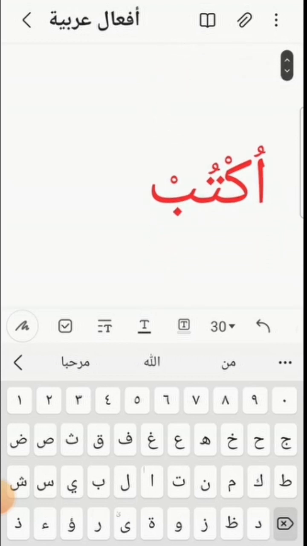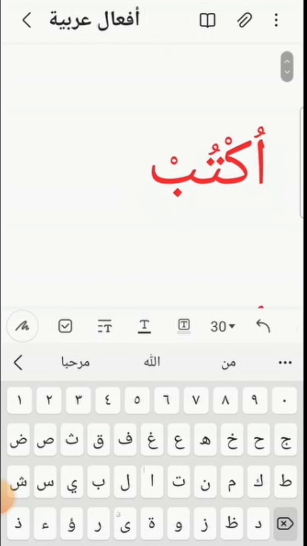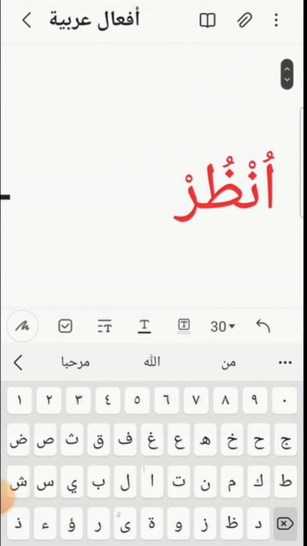Meaning write. اكتب, write. So I can say اكتب الحرف, write the letter. اكتب الكلمة, write the word, for example, right? Secondly, we said انظر. انظر means look.